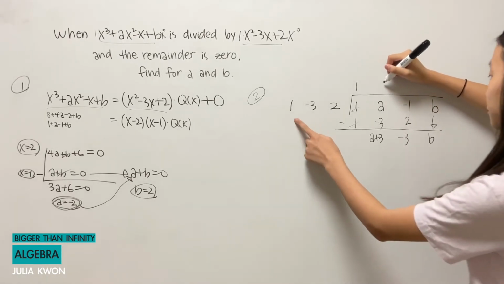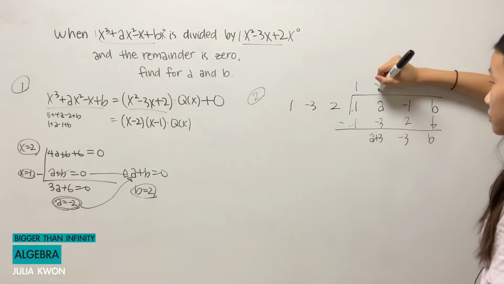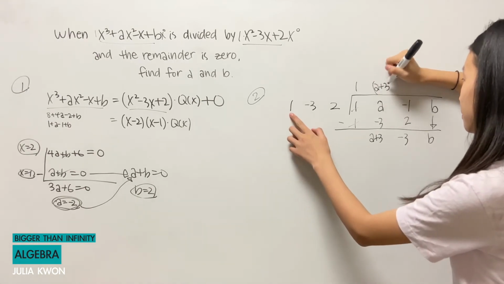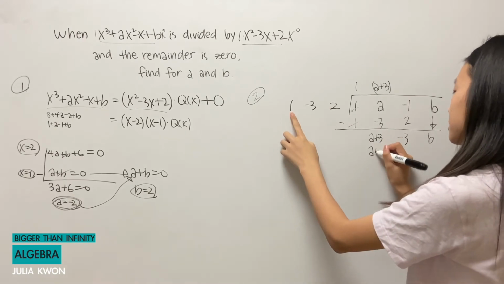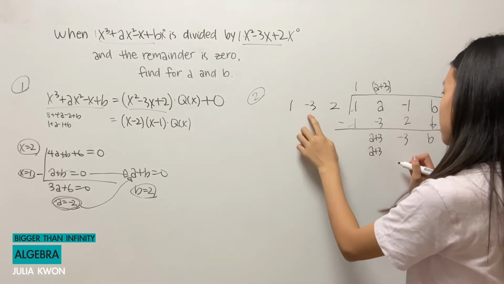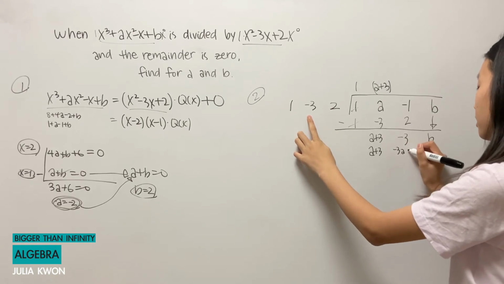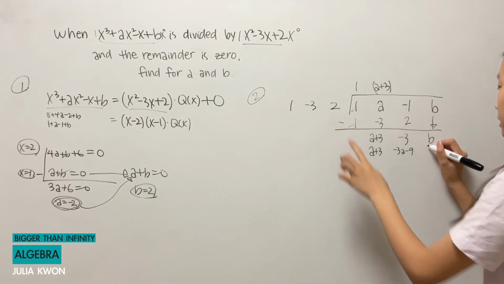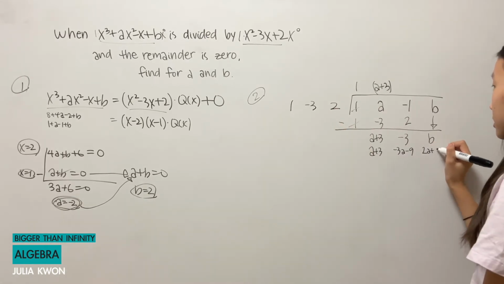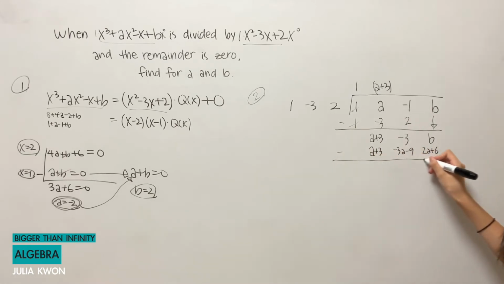And now we have to try to get rid of this, so we're going to multiply a plus 3 with 1. We get a plus 3. Multiply this with minus 3. We get minus 3a minus 9. Multiply this with 2, and we get 2a plus 6. We're going to subtract this.